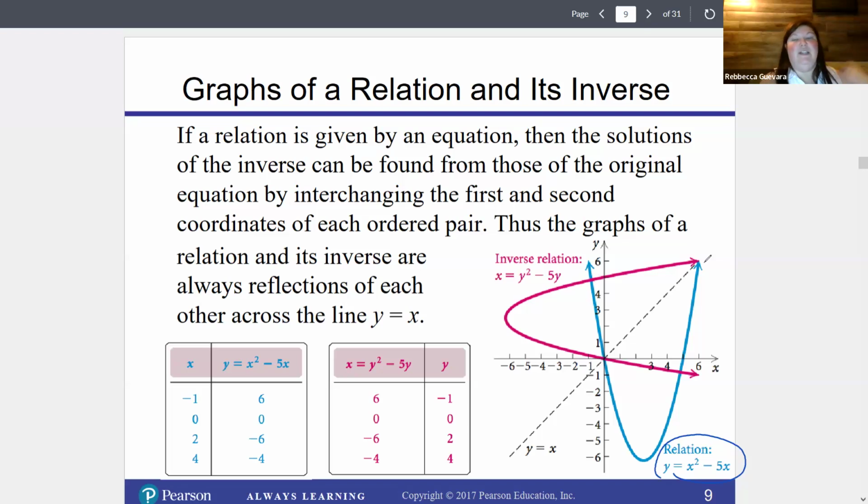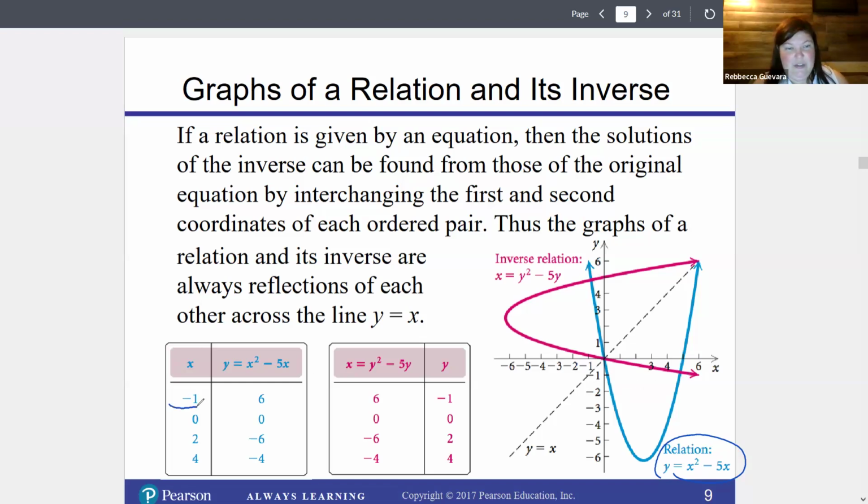What happens is when I do the inverse, if we graph this, we found ordered pairs, which we see right here. So if I put in the original relationship, -1, 6 would come out. Well, that would mean that if I put 6 into the inverse, -1 comes out. So that's the point of an inverse, it's going to switch your domain and range.